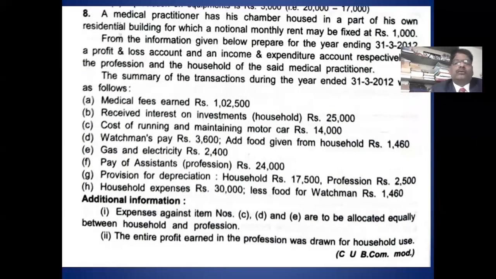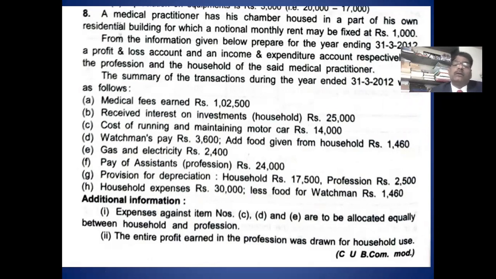Capital account for household. So in the capital account, we take all the personal items. It may be relating to asset and liability. It may be relating to income and expenditure. All personal items we take in the capital account, and professional items in the profit and loss account or income and expenditure account.